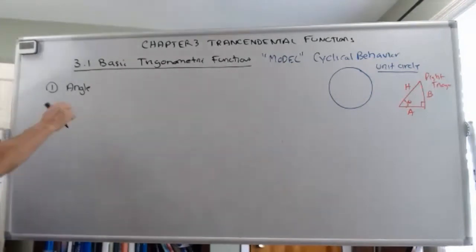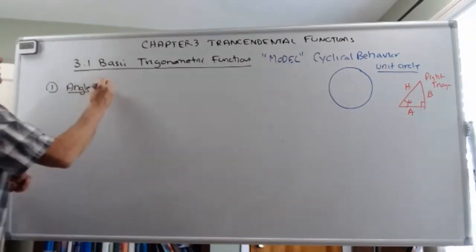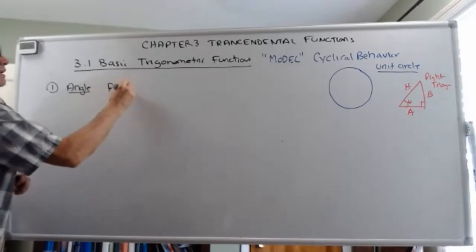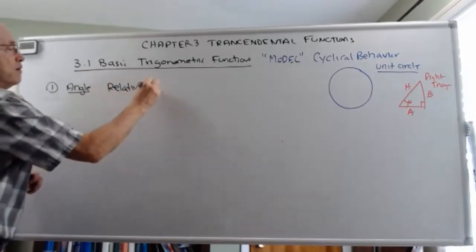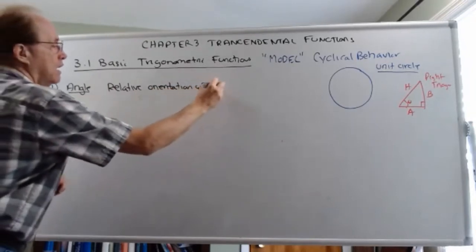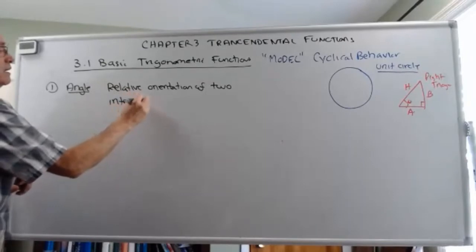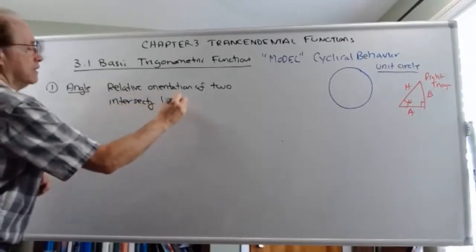Okay, so we're going to talk about this concept of an angle. And what is that? Well, that's the relative orientation of two intersecting lines.